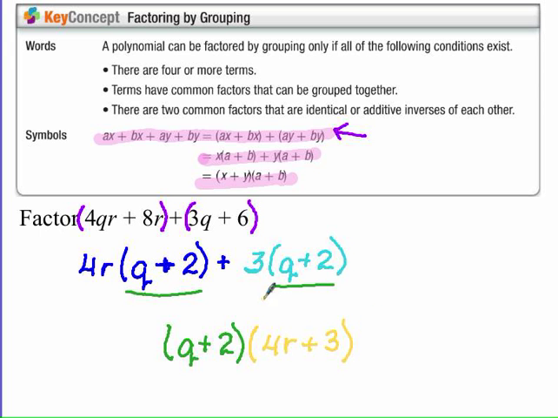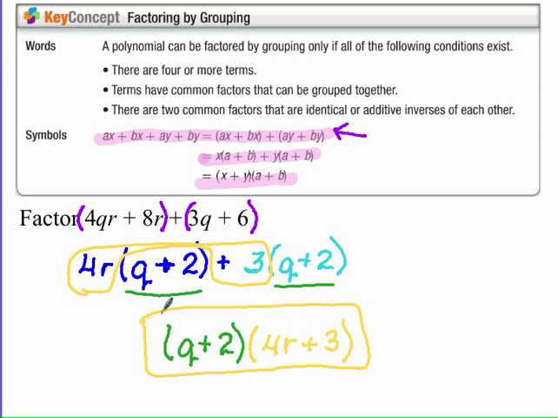Basically the other factor is whatever is on the outside, because that's the only thing you haven't used. Believe it or not, that is how you factor 4 terms. If I were to FOIL that out, I would get this as my answer. So we're doing the reverse of what we've already done.